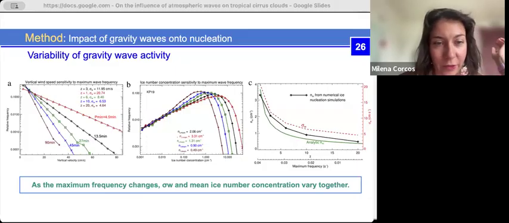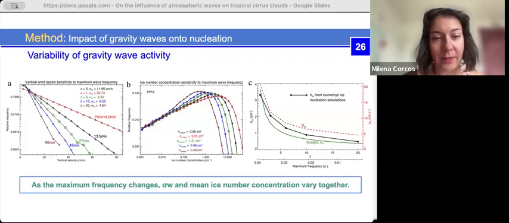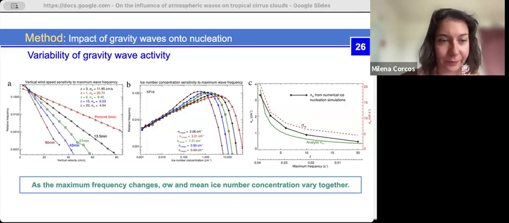Panel B shows that including more high frequency variability shifts a little bit the number concentration distributions towards higher values. And panel C summarizes this result: as the frequency increases, both sigma W and the mean ice number concentration increase.